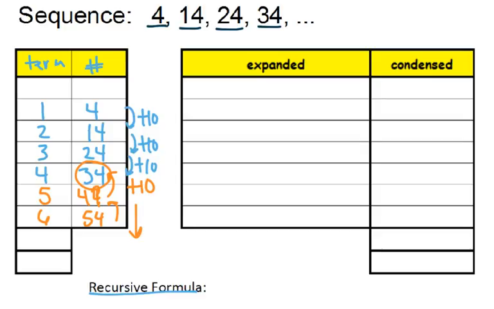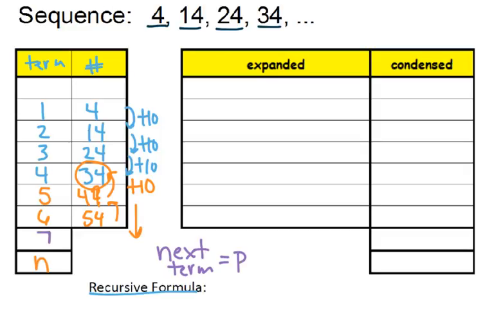We would keep going, okay, until we got to the nth term. Okay, the nth term is essentially, say, what if we don't know which term we got to? Okay, now the recursive formula, it works like this. We're saying to get the next term, that's equal to that previous term.